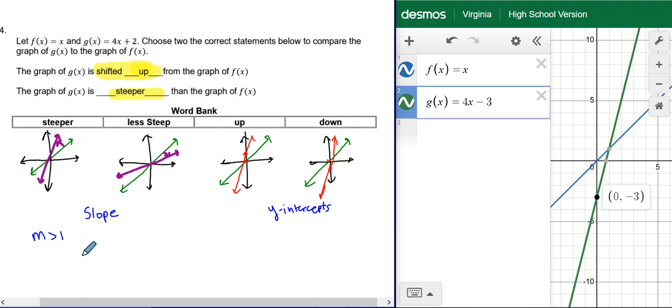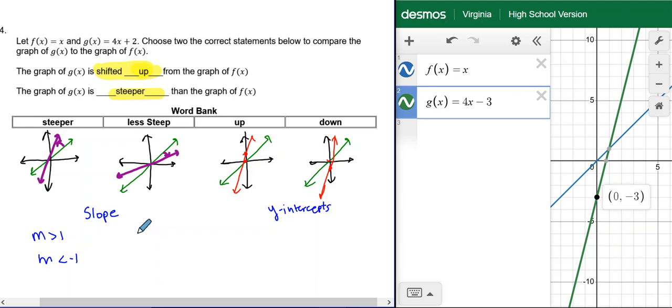So like 2, 3, 4, 5, 5.5, 5.6, any number that's greater than 1. Okay. You could also look at any number that's less than -1. So like -2, -3, -4, -4.5, numbers like that. They're going to be steeper.